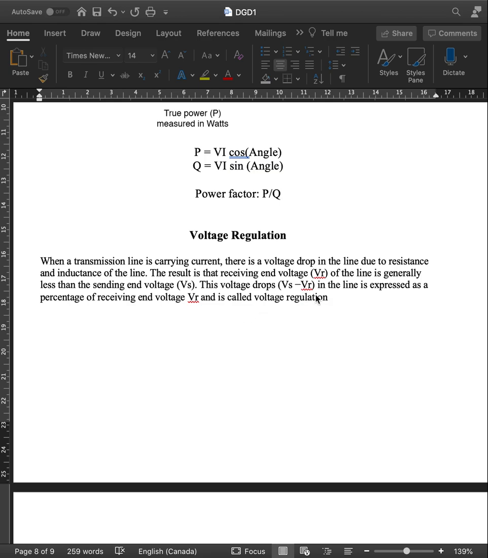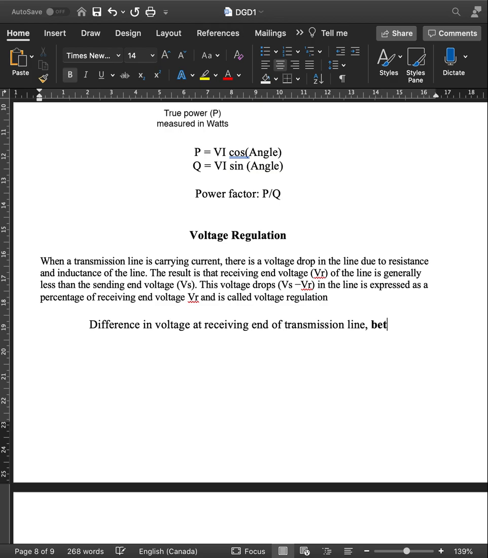Hence, we can also express it as the difference in voltage at the receiving end of the transmission line between the conditions of no load and full load.